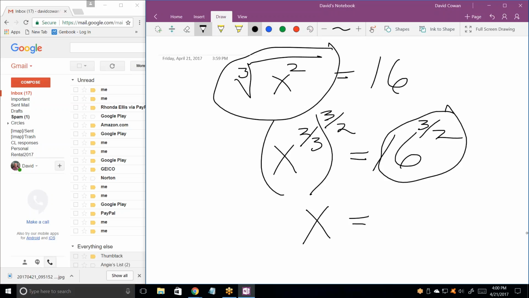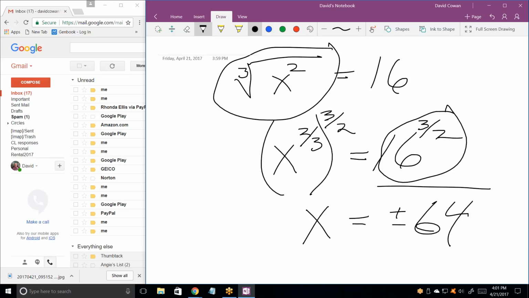Wait, hold on, let me think. Oh shoot, no, I'm thinking about it all wrong. That's 64, right? It is, although from what you said before, your teacher's going to say that's plus or minus 64. Yep, because when I take the square root of 16, I get plus or minus 4. When I cube plus 4, I get 64. When I cube minus 4, I get minus 64.